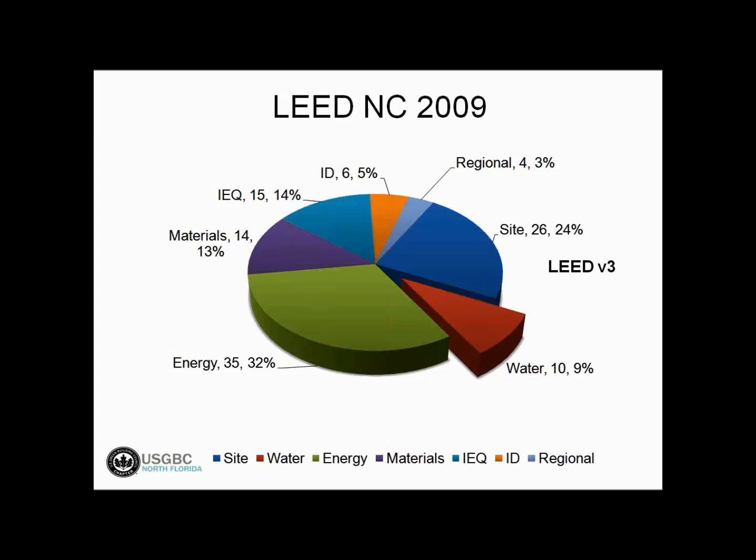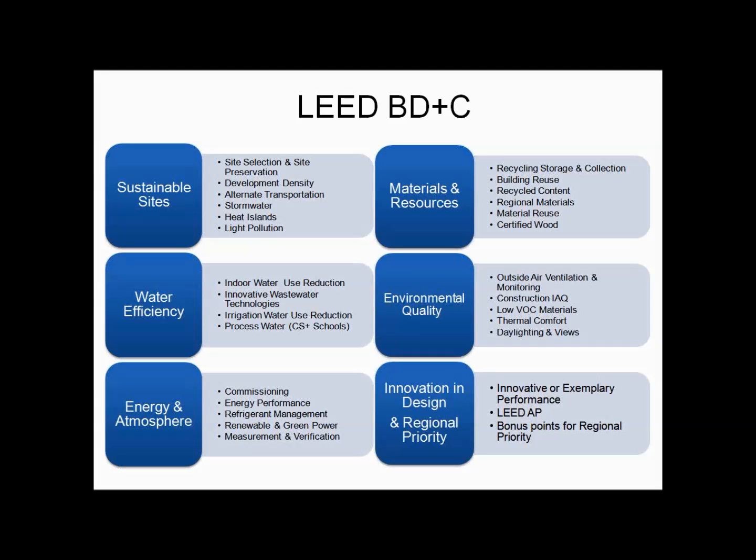So for instance, using the BD and C rating system as the baseline, in sites there's a prerequisite that you have to have an erosion and sediment control plan and program. So we don't want to erode the site as we're building on it. Pretty straightforward stuff we do on every construction project.